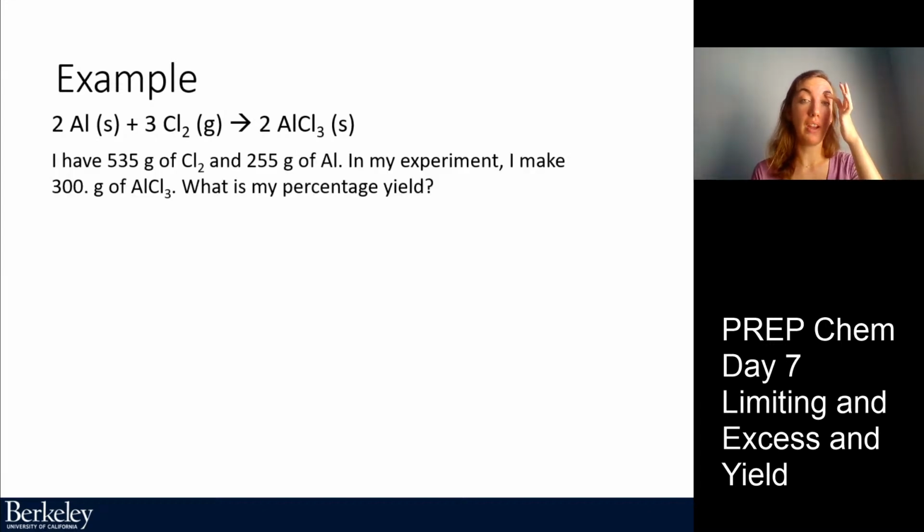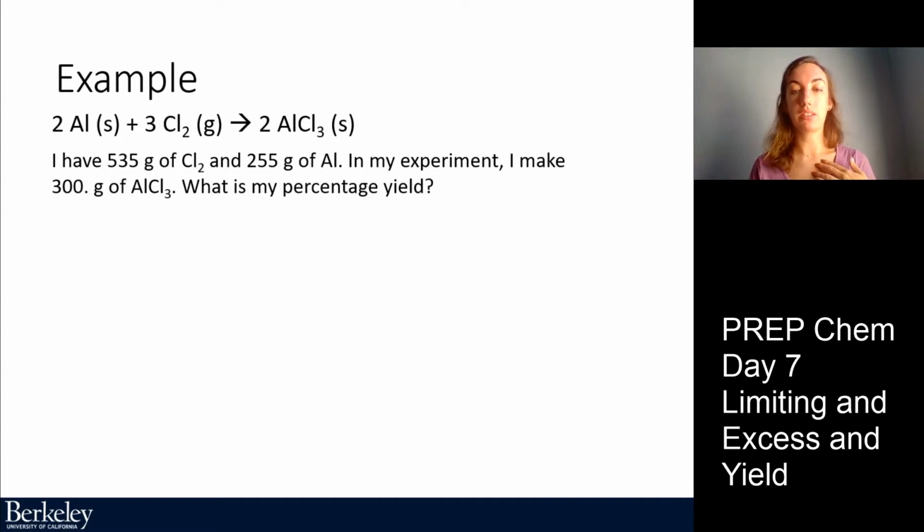The problem statement is, if I have 535 grams of chlorine and 255 grams of aluminum, which are the numbers that we had before, I'm telling you that actually in my experiment I was able to make 300 grams of AlCl3, and I want to know my percentage yield.